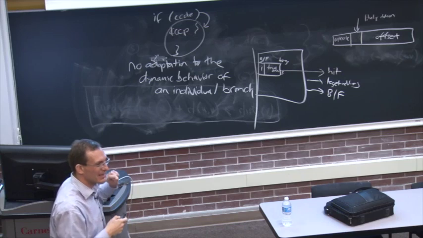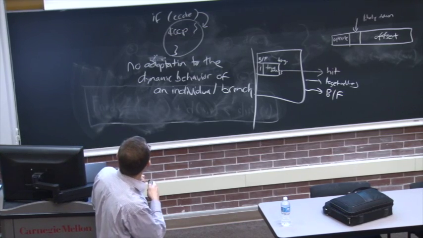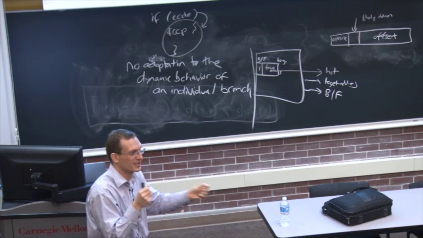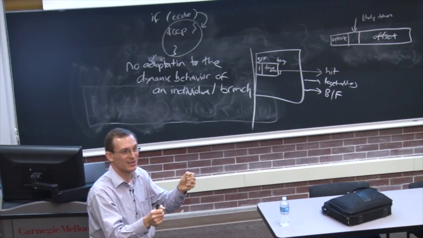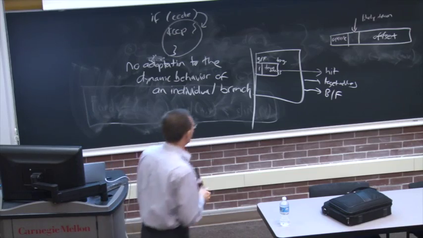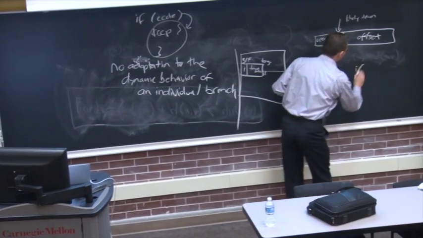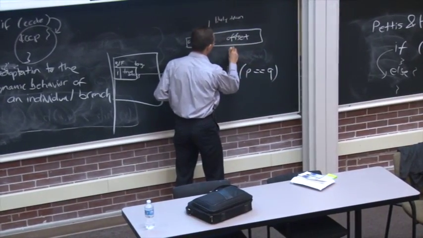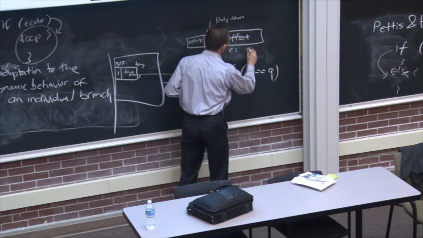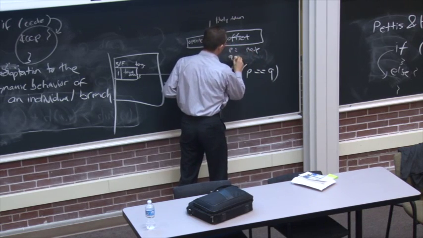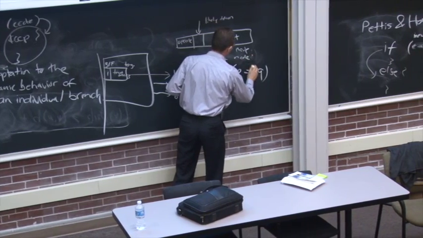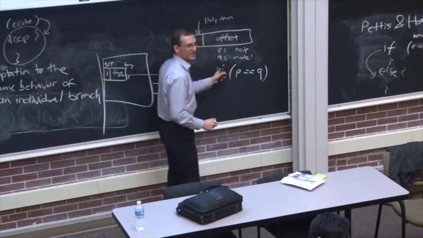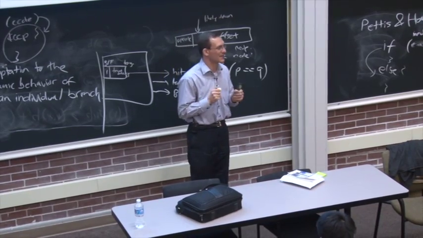Here's another example, which probably makes a lot of sense. If you're comparing two pointers, you guys are familiar with pointers, right? If p equals q, where maybe p is a pointer to a node, and q is a pointer to a node, usually it turns out that p is not equal to q, because two pointers are not the same.